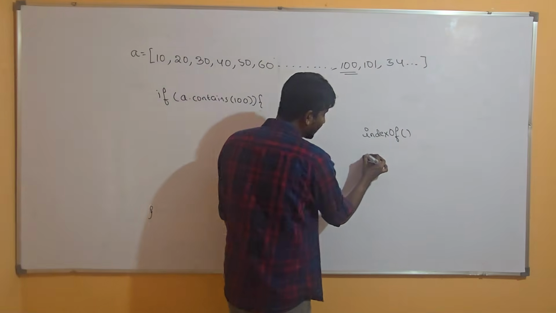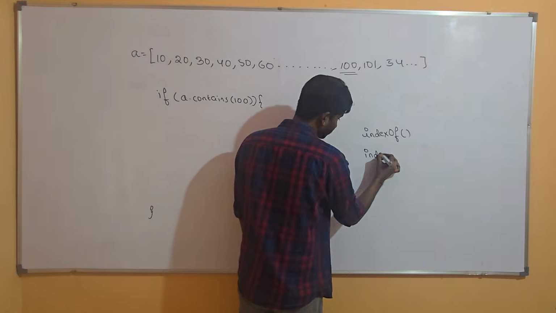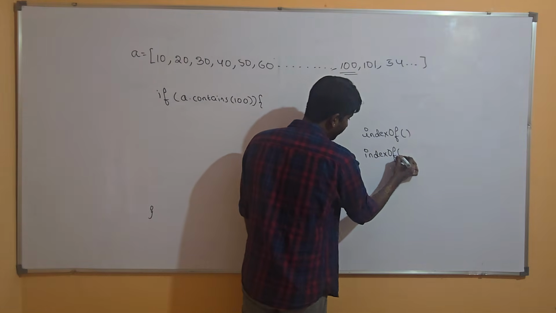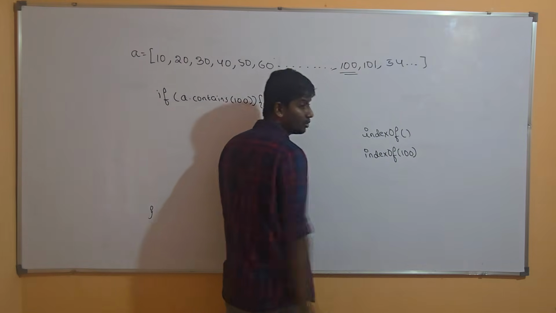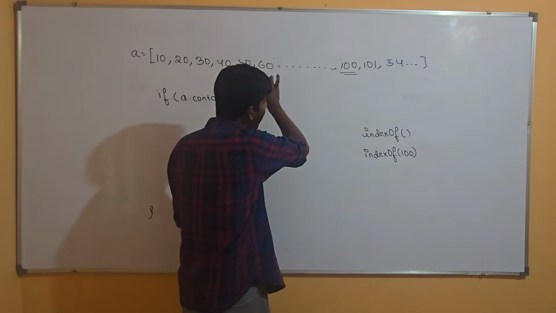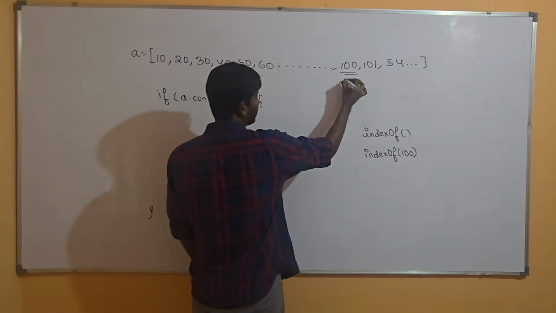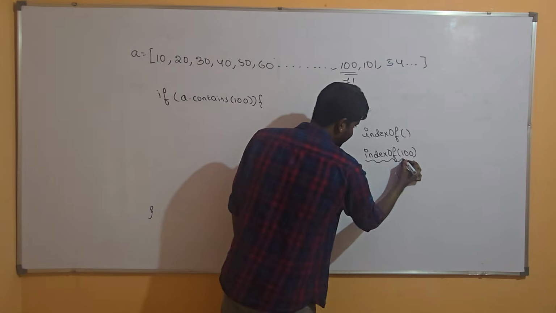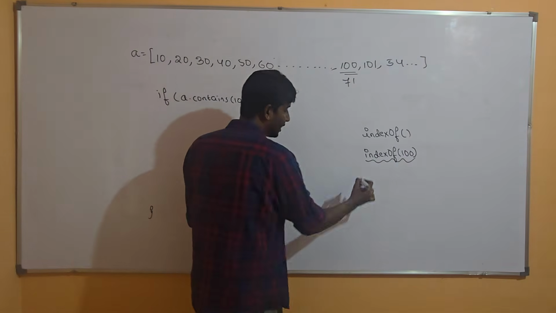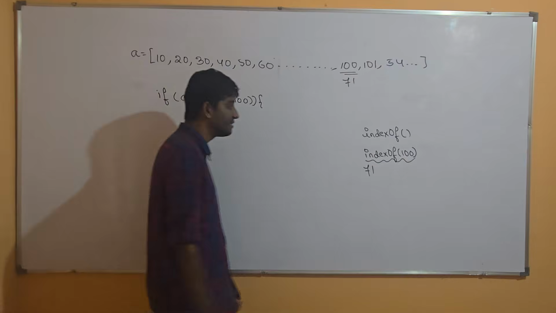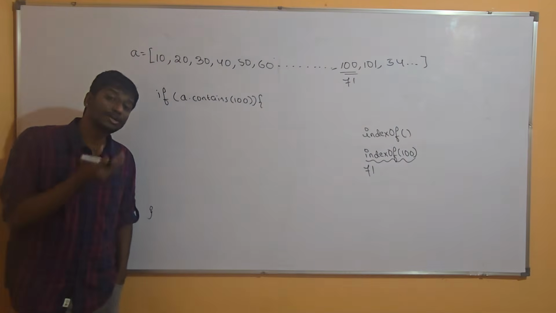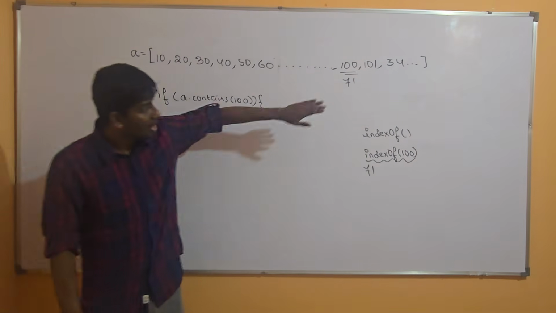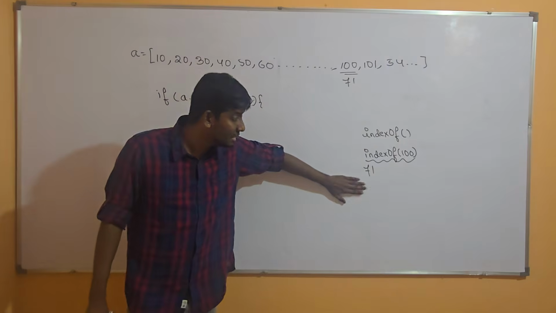When you say indexOf 100, this will tell you in which index 100 is present for the first time. Let me say 100 is present at index 71. So this particular method, indexOf 100, will give a number, 71. With this you get to know 100 is present at the 71st index.